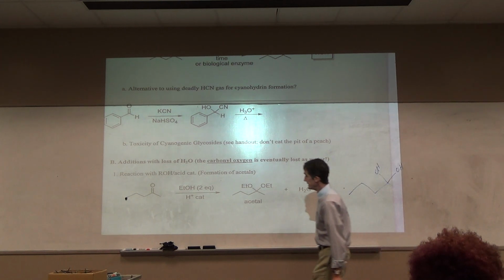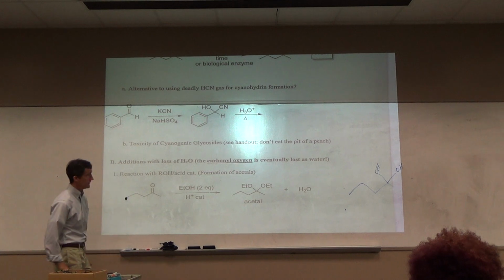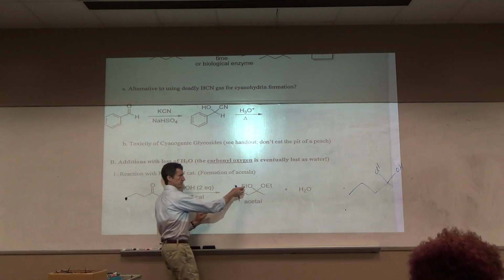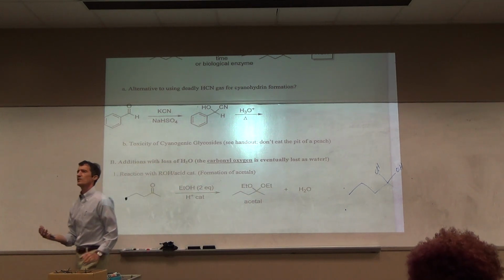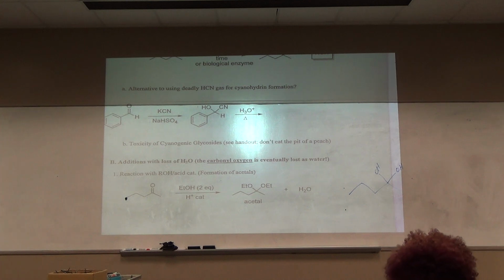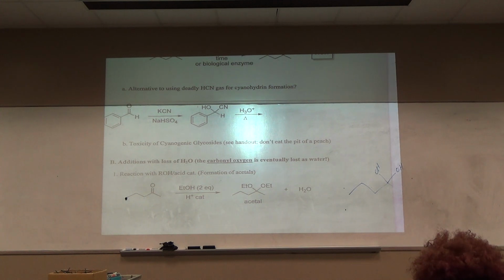Okay, how did we get here? It's almost like a diether. But it's not called a diether, it's called an acetal. Question? Why is that named acetal? That's just a name. It's just a common name. Why do you ask?